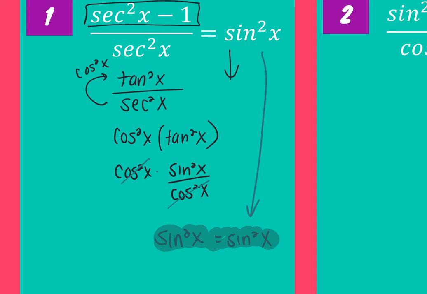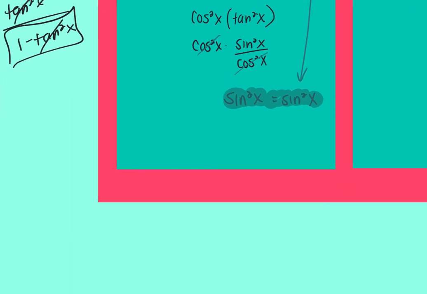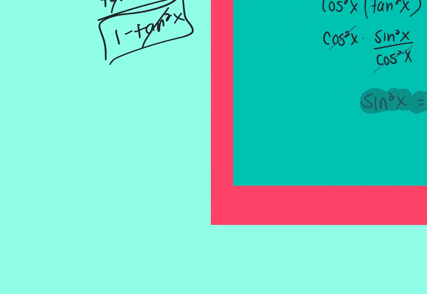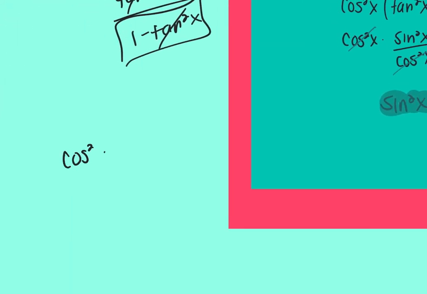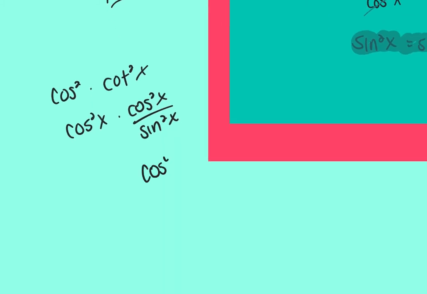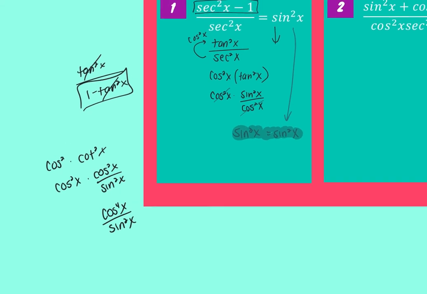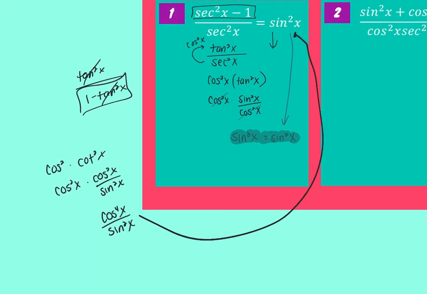What would you do if it was cosine times tangent times cotangent? Then it wouldn't simplify to be the same thing. But if it's cosine squared times cotangent, then this would be cosine squared times cosine squared over sine. And then you could end up with cosine to the 4th over sine. That does not simplify to be sine squared.